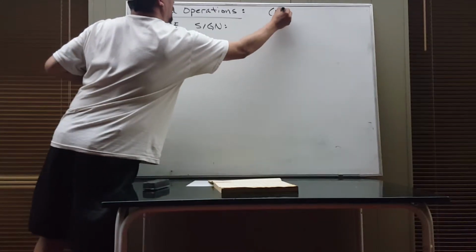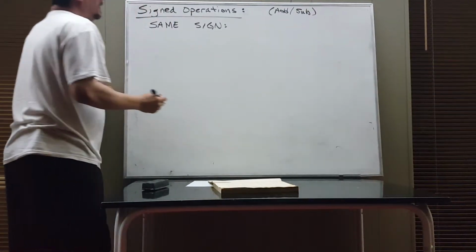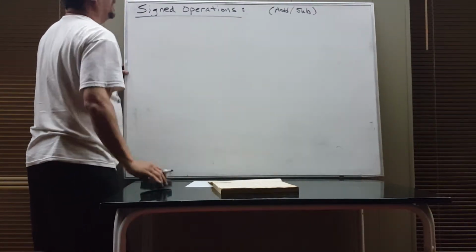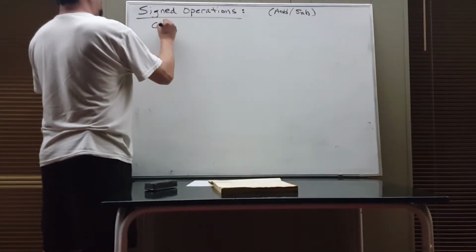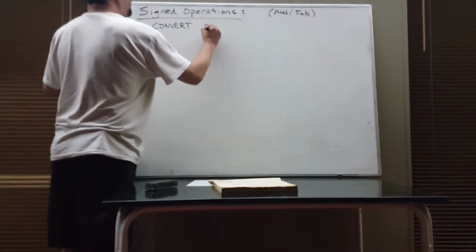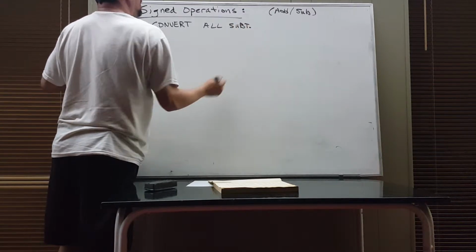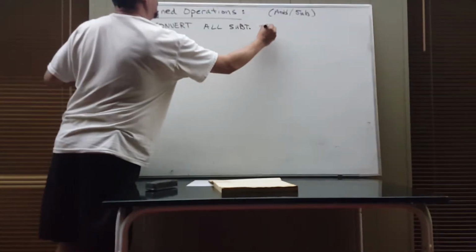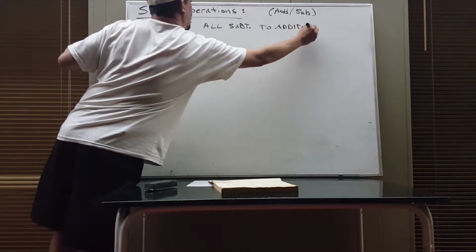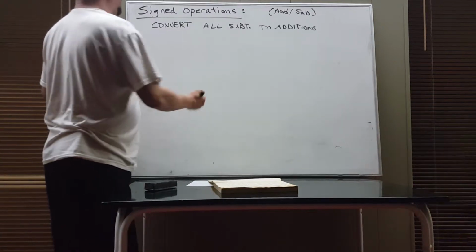So the main thing we need to do here, before I even start talking about same sign, is convert all subtractions to addition, and this makes things a little bit easier to follow the rules.